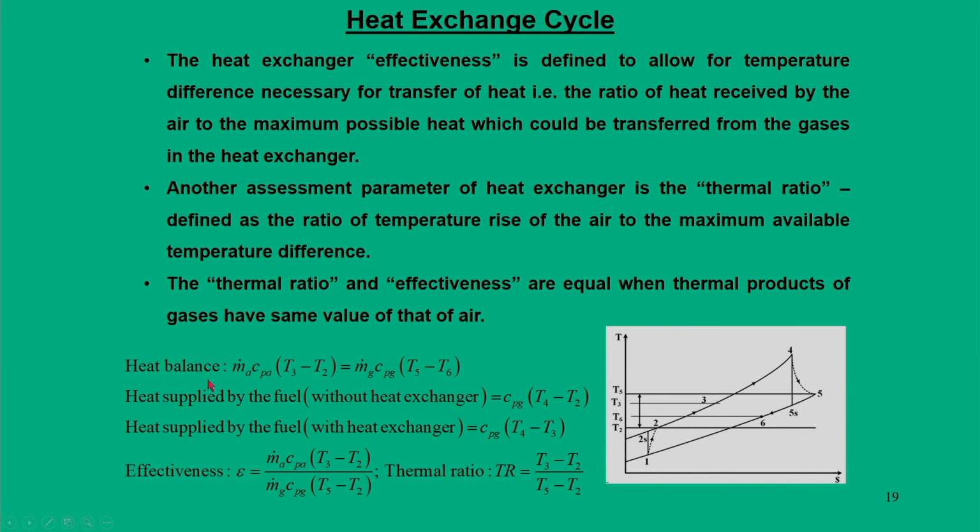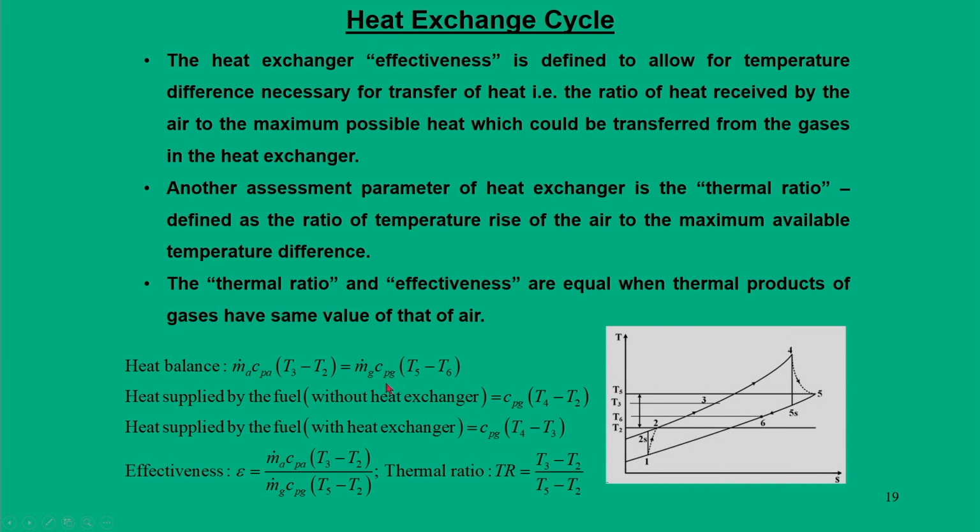So, a simple heat balance equation can be used, that is m dot a Cpa into T3 minus T2, that is the available temperature rise, and what the gas can give is m dot g Cpg into T5 minus T6.